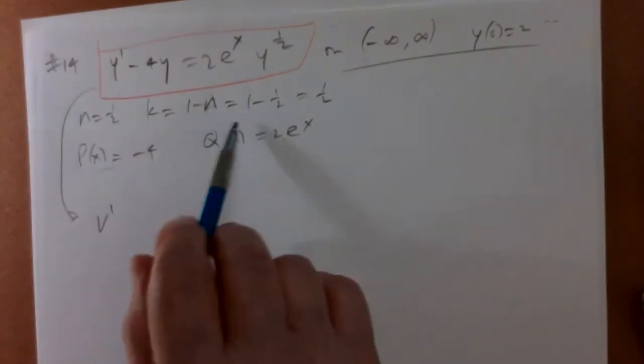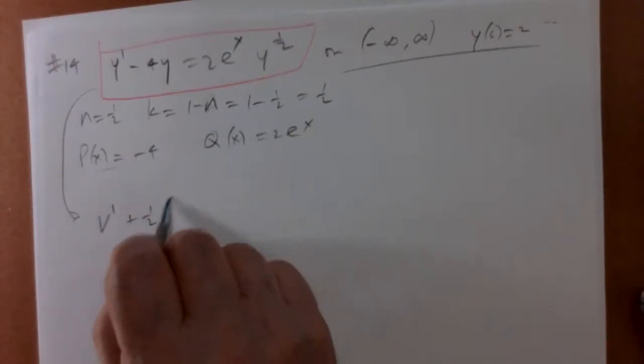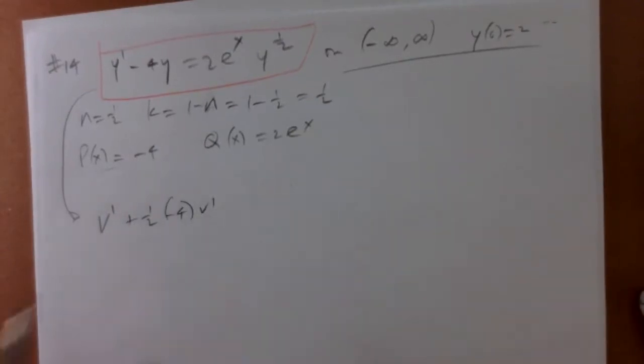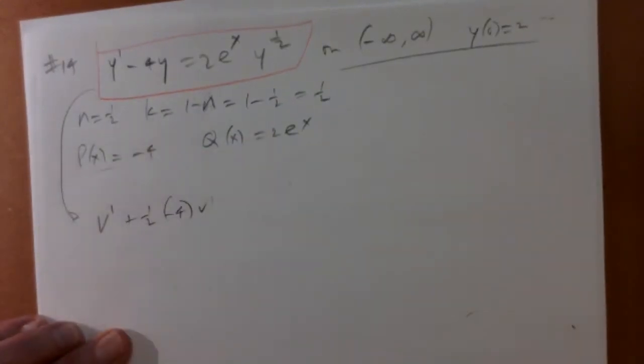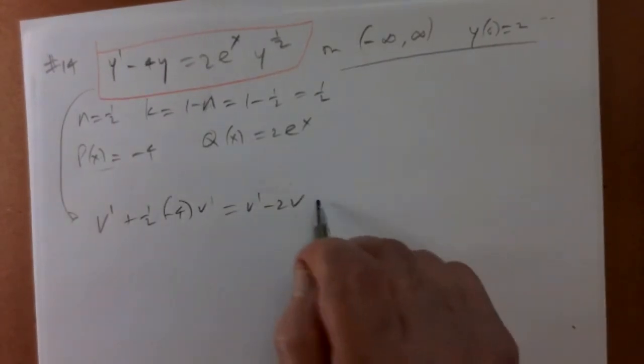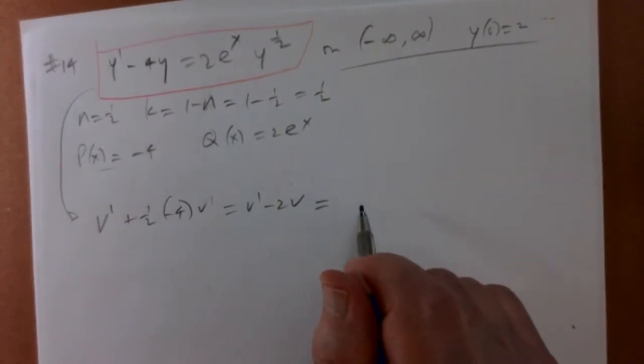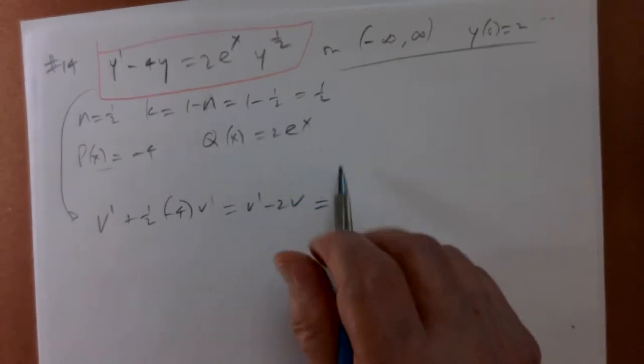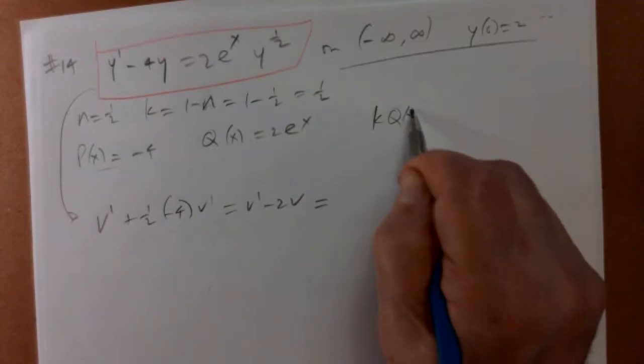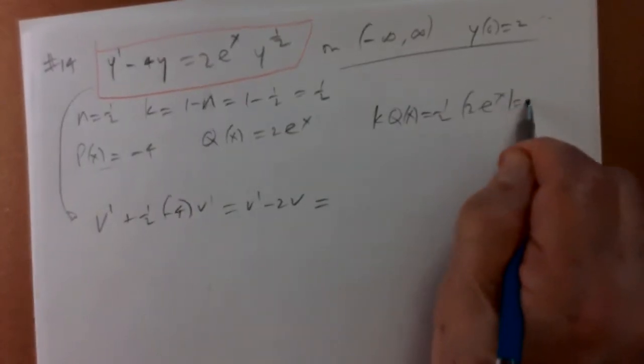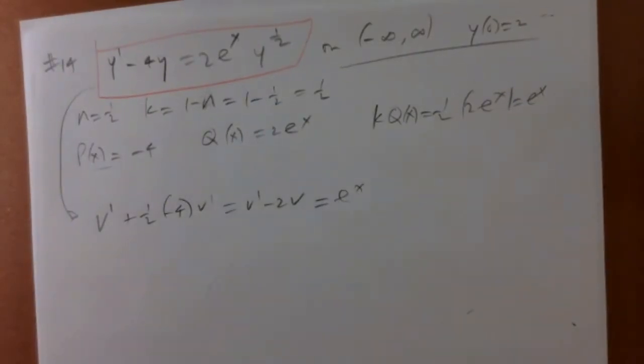What is k? 1/2 times p of x, which is minus 4, so v prime minus 4v over 2, which is v prime minus 2v, equals k q of x. k q of x is 1/2 of 2e to the x, which is e to the x.